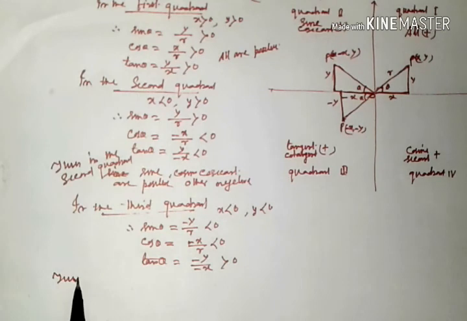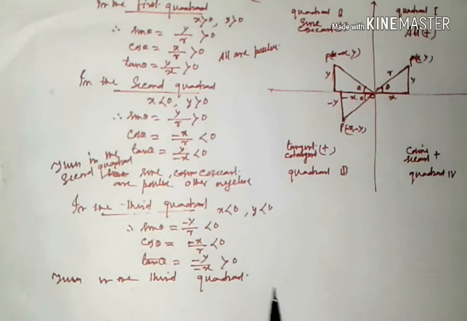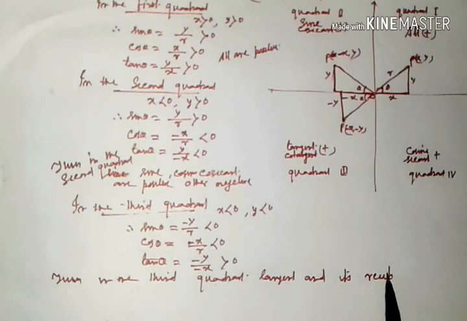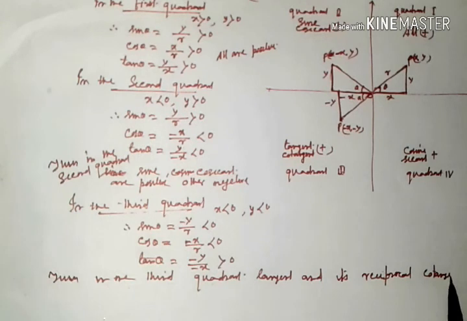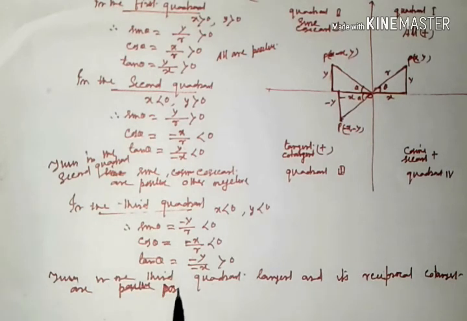Thus, in the third quadrant, tangent and its reciprocal cotangent are positive, all other negative.